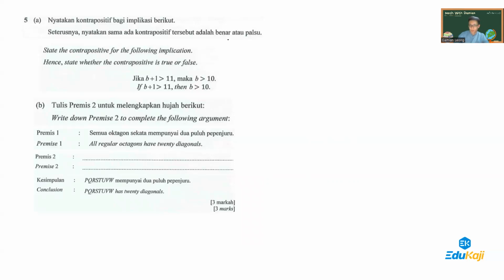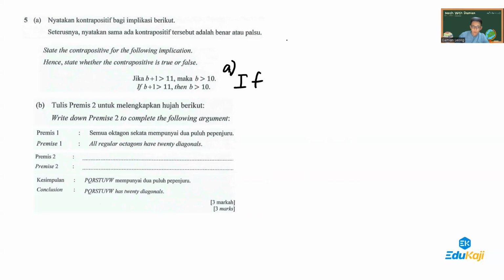It's up to you. The contrapositive here, when there's inequality, is the opposite of it.